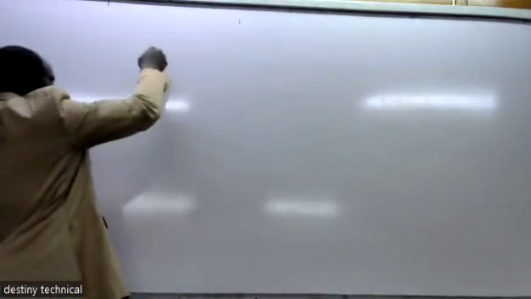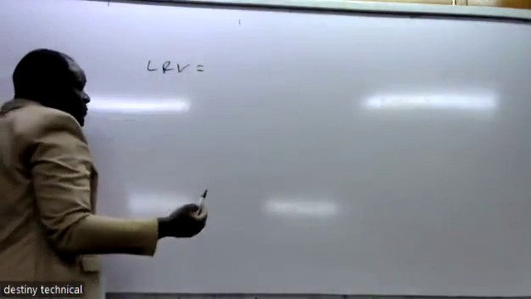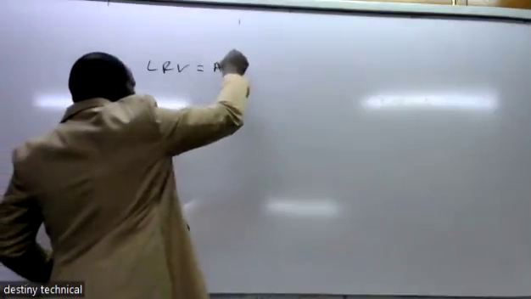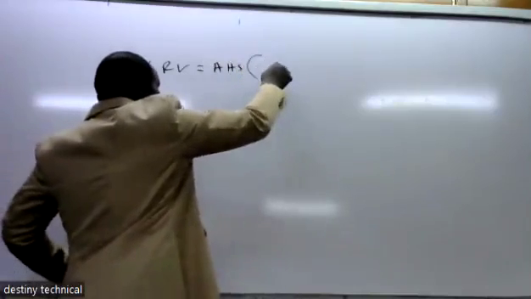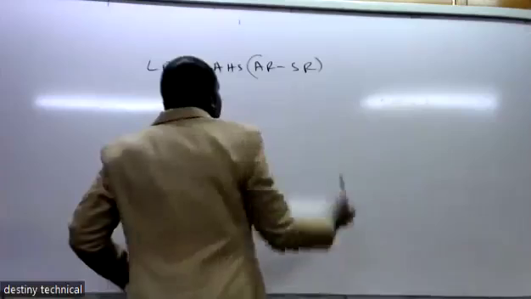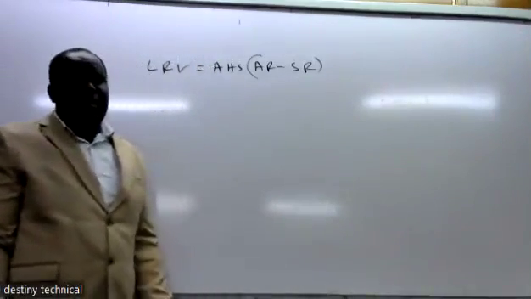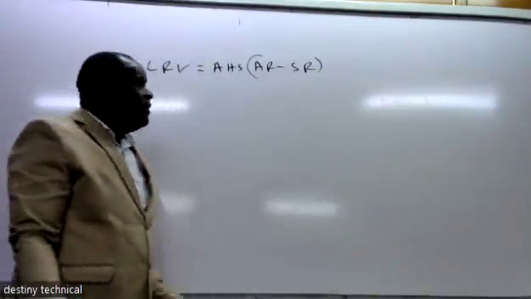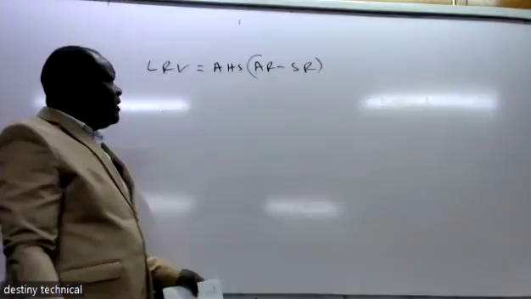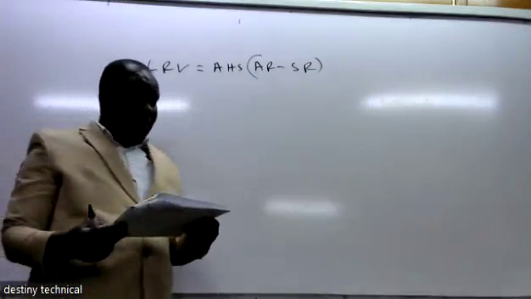Labor rate variance is given by the actual hours, in the brackets of the actual rate minus the standard rate.